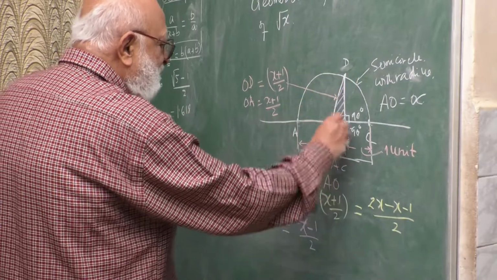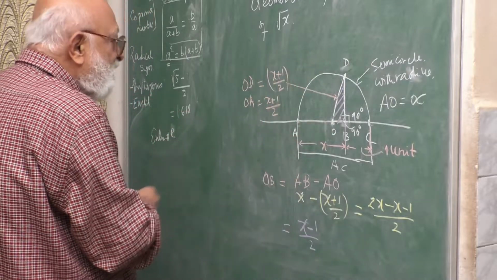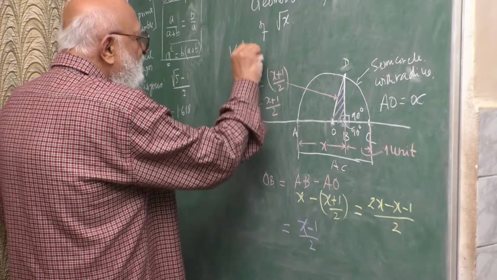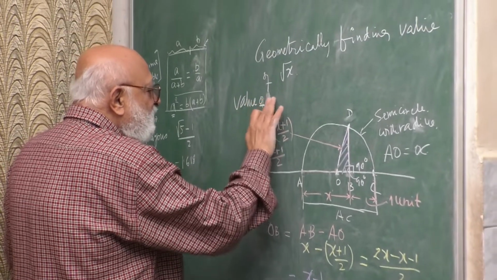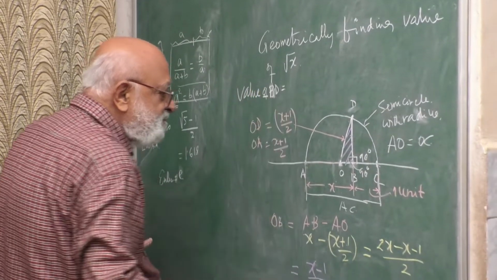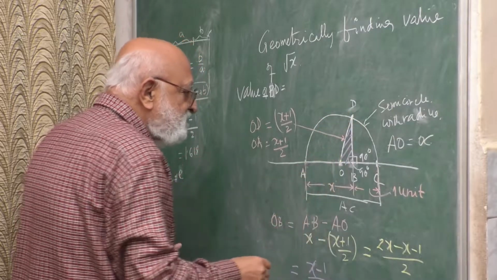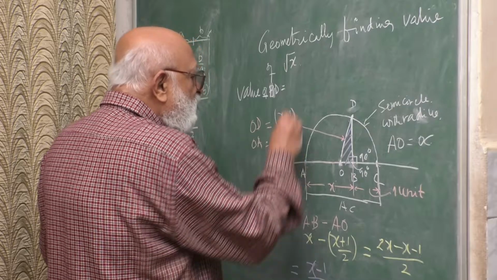I know I can find out the value of BD. So what would be the value of BD? Value of BD. Pythagoras theorem. This I know what is the square. So the value of BD would be what?